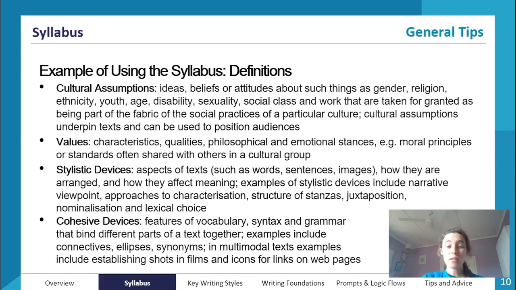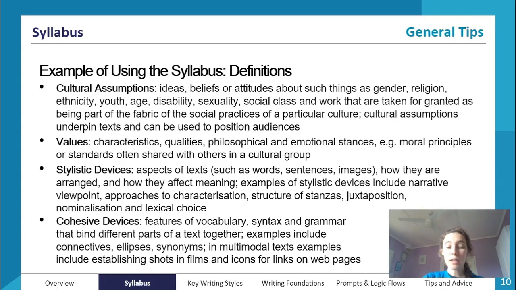Stylistic devices and cohesive devices, they're more examples of things that you can find the definition of in the syllabus glossary. So I've just got the definitions that they provide here, and you can go to the syllabus to find lots of other definitions that are similar.